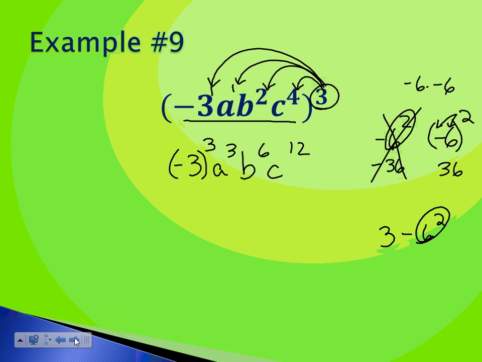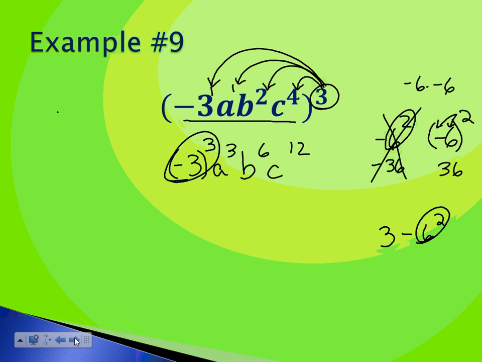Any questions on that? Am I finished? I heard yes, I heard no. Is there anything left up there that I could keep evaluating? Can I do -3 times -3 times -3? Yeah, I can work this out. Can I work any of the rest of this stuff out? No, because those are variables.